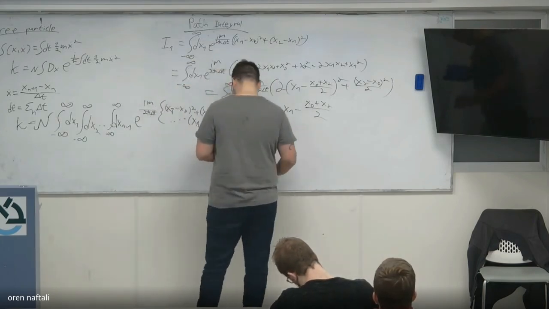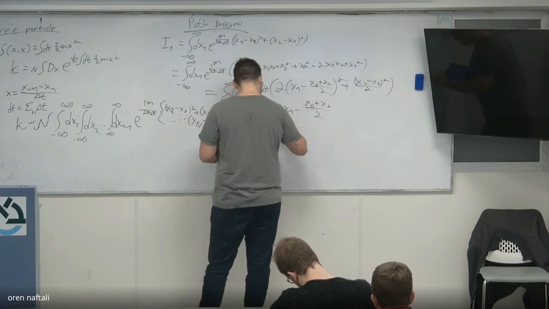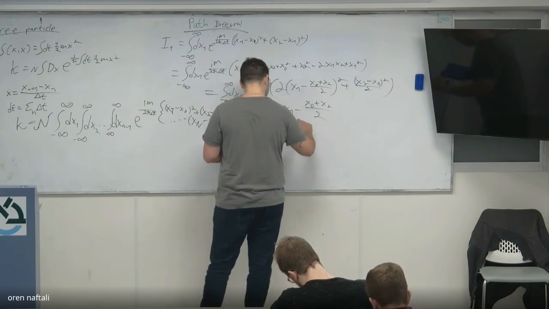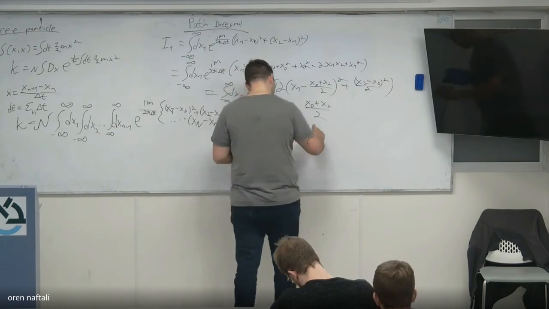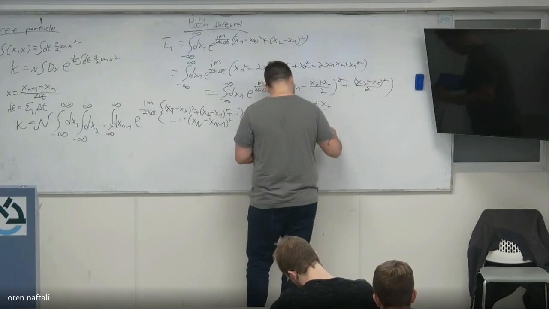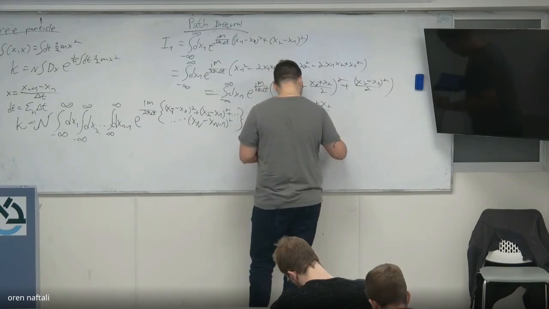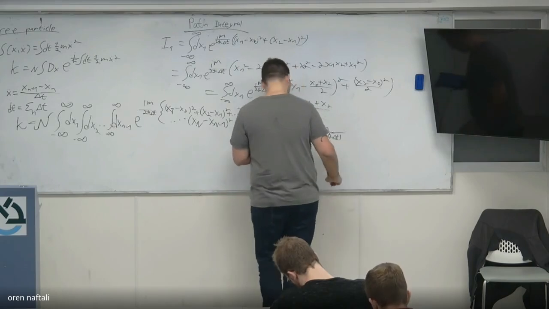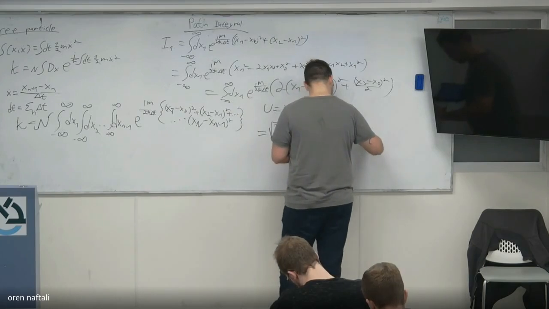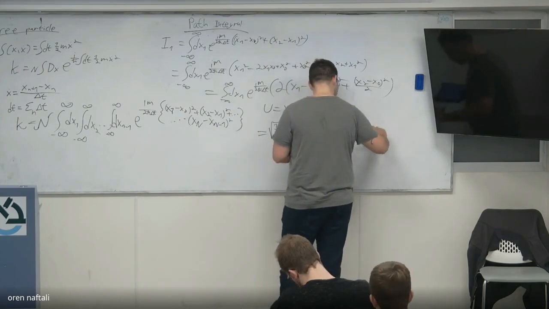Overall, we'll get this result will be the square root of 1 over 2 pi i h bar delta t divided by n, e to the i m divided by 2 h bar 2 delta t, x2 minus x0 squared.